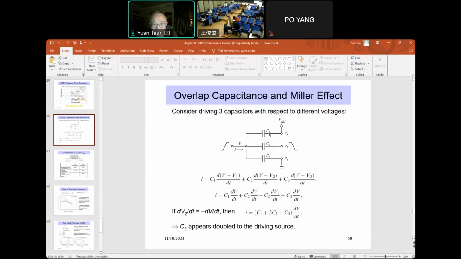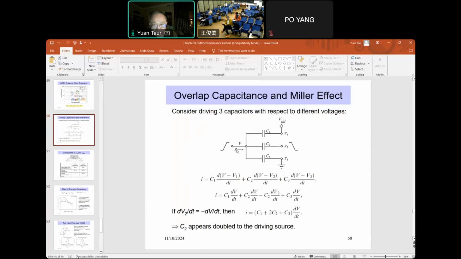The difference between C1, C2, C3 is the voltage on the other side. For C1, V1 is held at VDD. For C3, the other side is ground. For C2, however, V2 is not fixed. Instead, it's going down. The input is going up, but the output is going down.